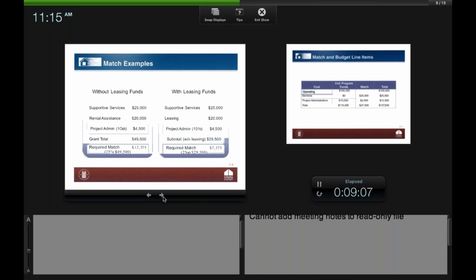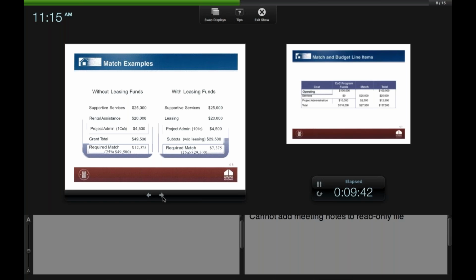$12,375. In our second example, it would be a project that has leasing cost, has a supportive services budget line item, and program admin. But in this example, the $20,000 that is allotted for leasing is subtracted from the grant total, and the match requirement of 25% is now based on $29,500, and as such is only $7,375.